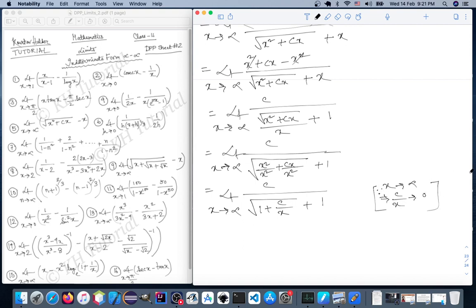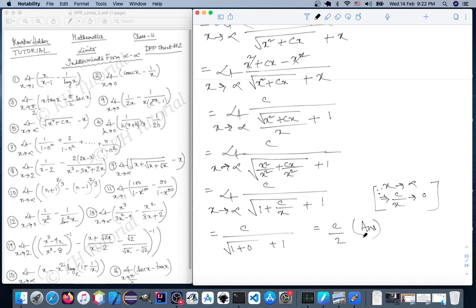So applying this result, we get c over root over 1 plus 0 plus 1. This is c by 2. C by 2 is the answer.